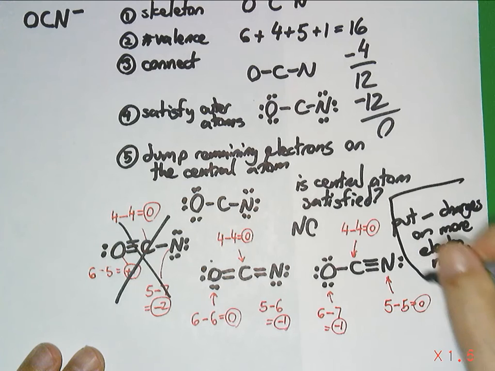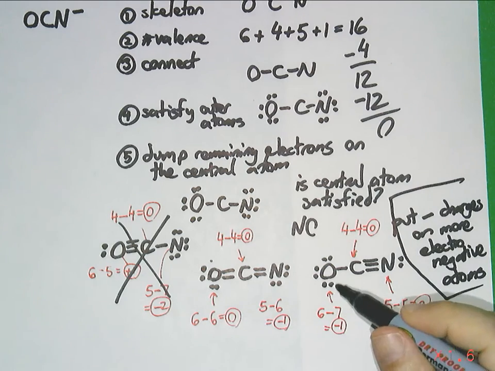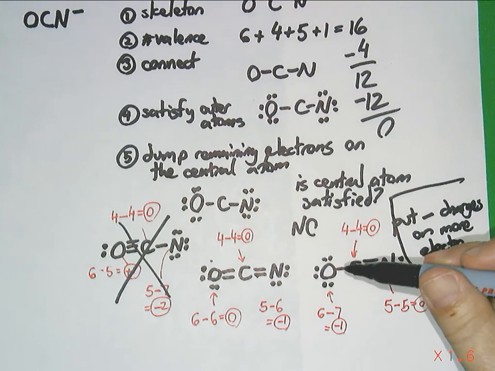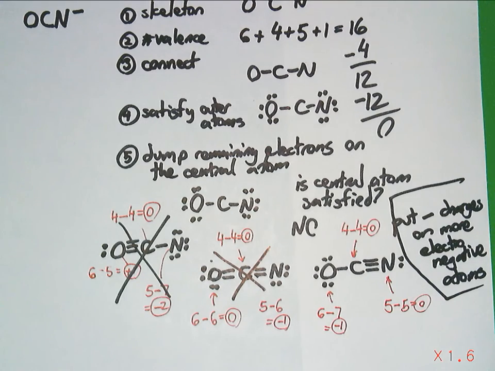So the whole thing that's new about this video is that we can say this structure is better than this one. Even though they have the same set of formal charges, the negative charge is on the more electronegative atom here. So this is the best one. So it's better than that one. So this is the only one that I'd have to report.